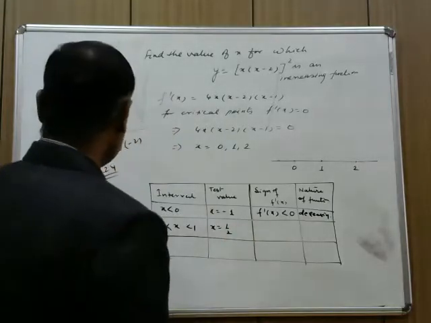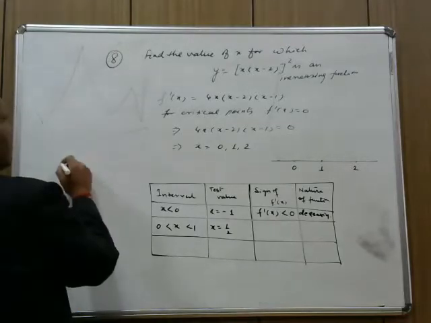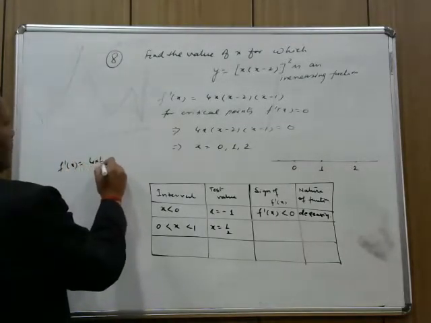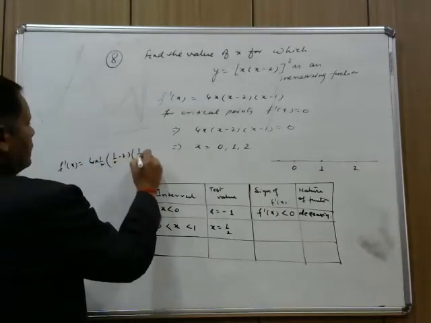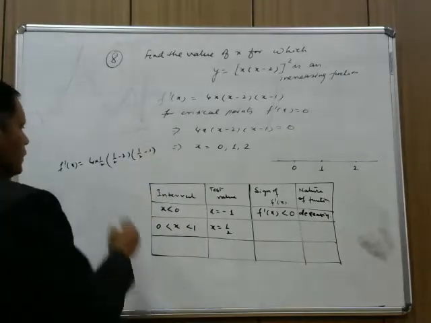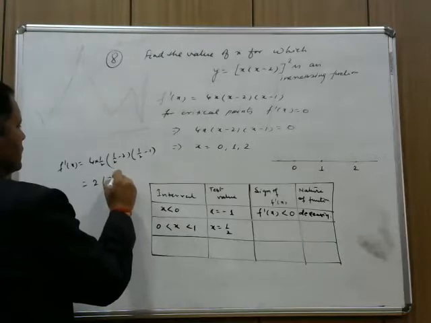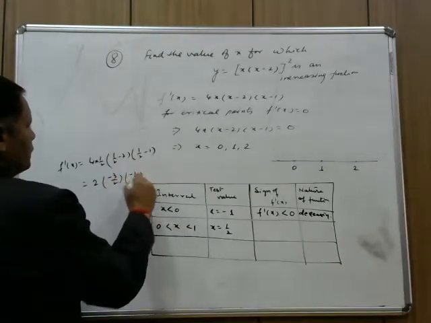When I put x equal to half, then f dash of x is equal to 4 into half, half minus 2, half minus 1. Now it becomes 2 into minus 3 by 2 into minus 1 by 2.